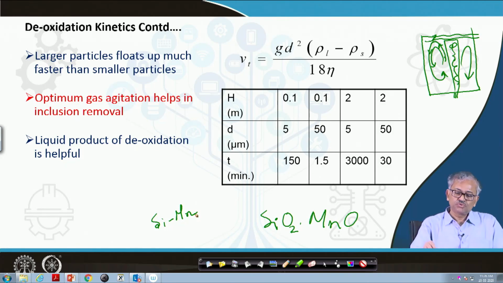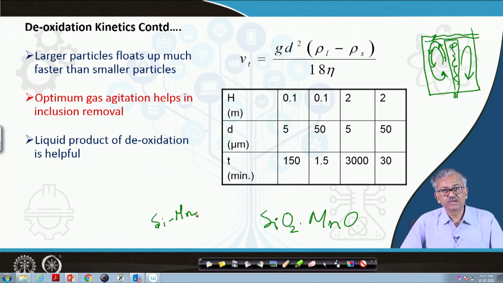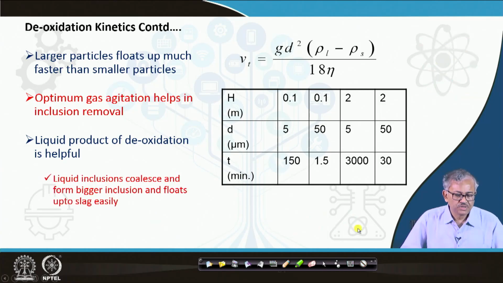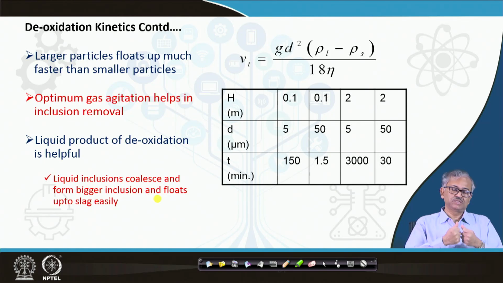When silicomanganese is used, it forms SiO2-MnO, a liquid product of deoxidation, and the inclusions coalesce, make a bigger inclusion, and float out of the system. So liquid inclusions coalesce into bigger inclusions and float, and from a kinetic point of view, silicomanganese is a very good deoxidant.